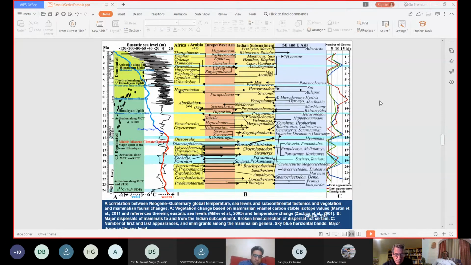So we tried to correlate the increasing or decreasing number of genera in the subcontinent with the change in sea level fall, rise, or climatic changes.